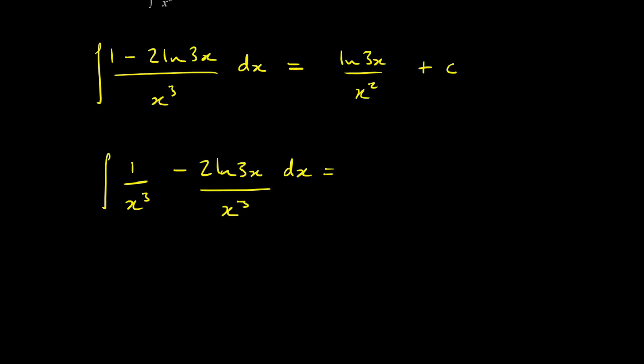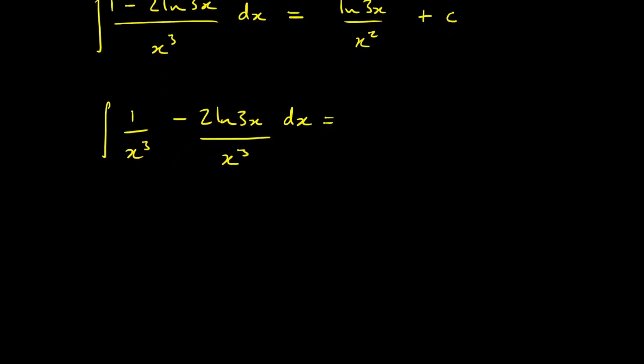Okay, and is it equal to that thing on the right-hand side? Now you can see that this guy is pretty close to the integral that we want. So what I'm going to do is I'm going to split apart this integral now into two parts, 1 upon x to the 3 dx, and then minus 2 lots of the integral of ln 3x upon x cubed dx.